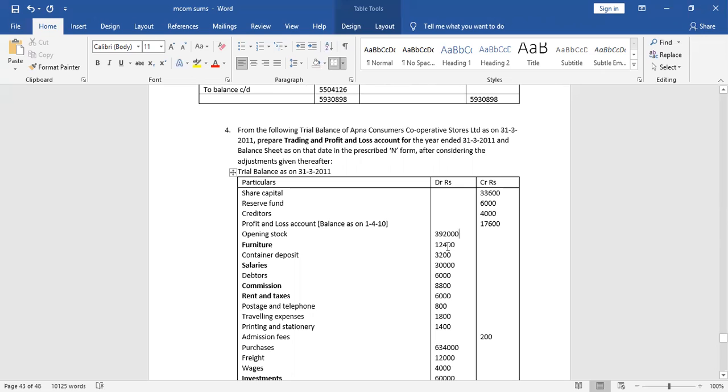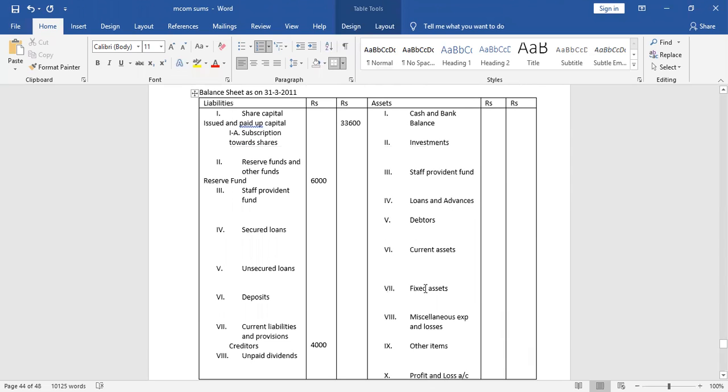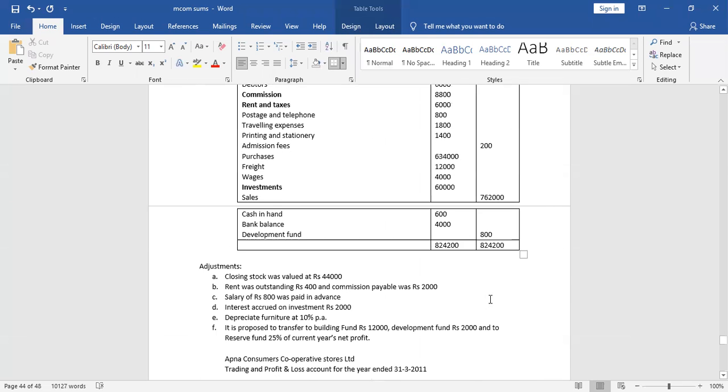Then we have furniture. Furniture amount is 12,400, but it has an adjustment. So after opening stock, furniture is a fixed asset, and there is an adjustment. Furniture 12,400. Then what we have after furniture?